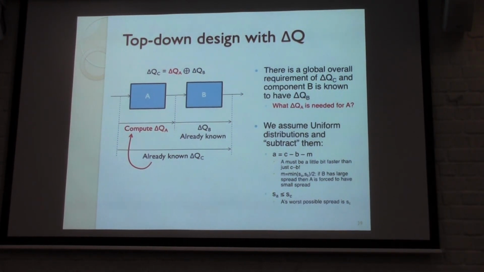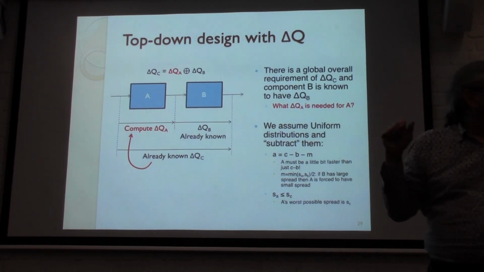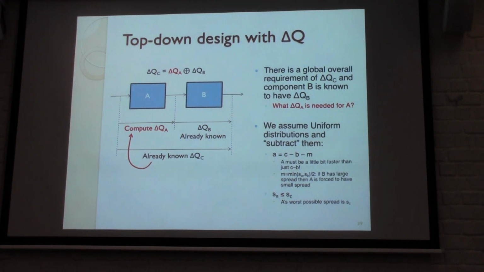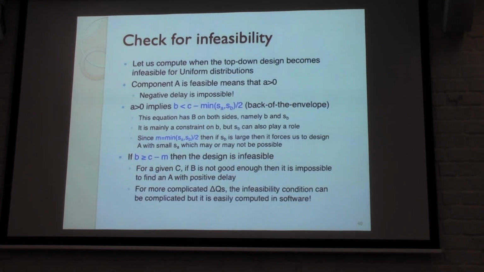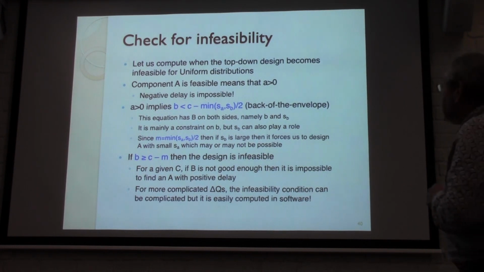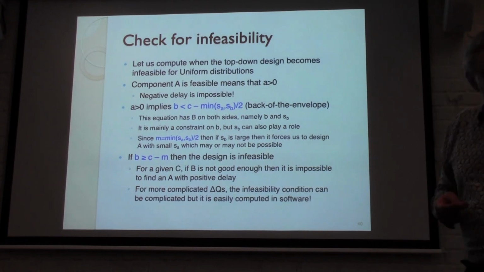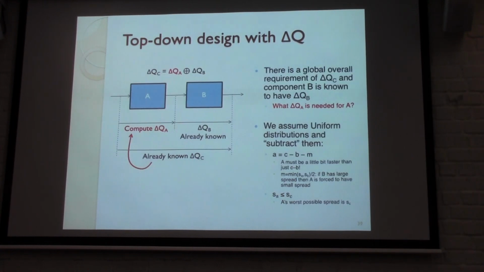You see that? So that's interesting, and it works even when you have all this fluctuation and varying stuff going on. And what's really interesting is sometimes you can figure out that things are impossible. Okay, which is called infeasibility.